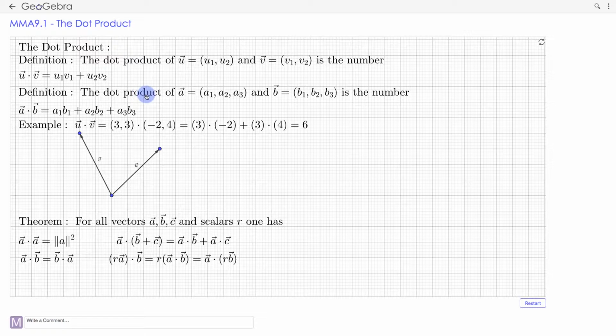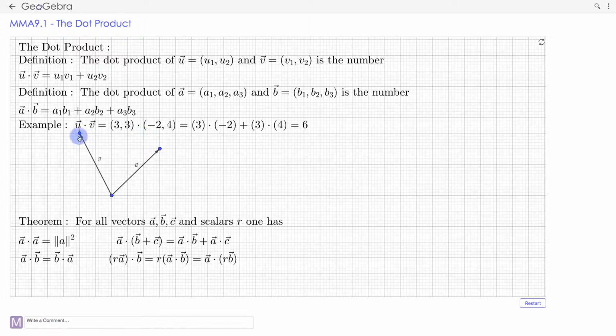And if you have two three-dimensional vectors, A and B, then it's just A1 times B1 plus A2 times B2 plus A3 times B3. So the dot product is a way of taking two vectors and getting a number out. And you just do it like this.